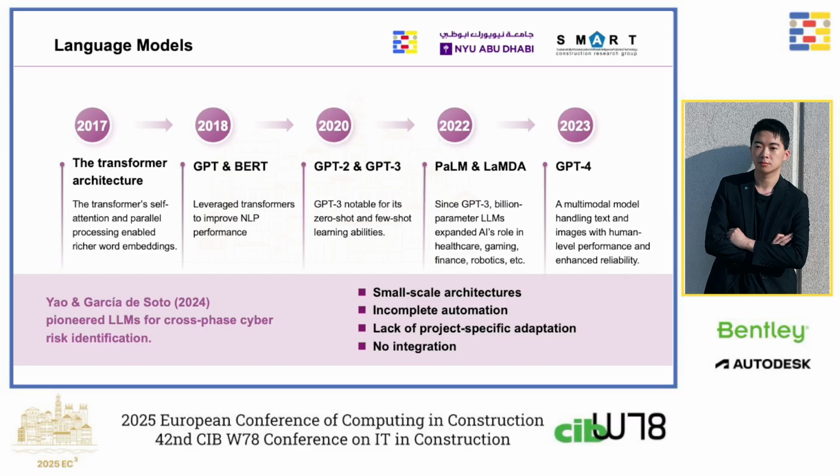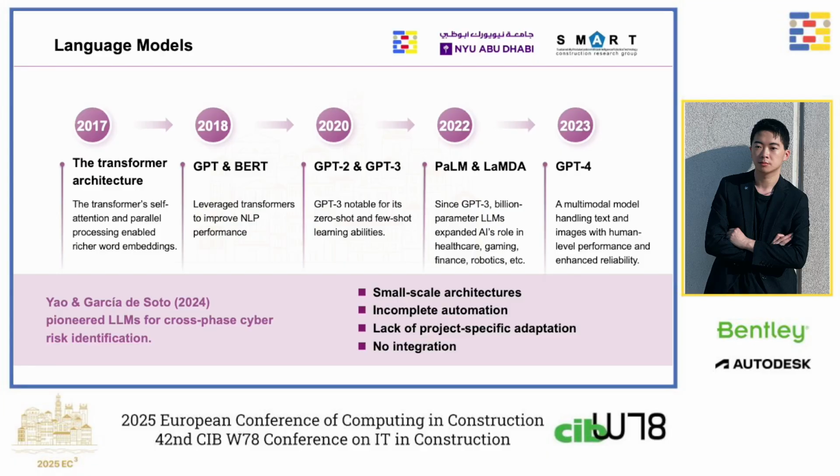Language models have become widespread since the 2017 introduction of the transformer architecture and have evolved into today's powerful large language models. Building on these automation imperatives, we led the use of language models for construction cyber risk identification last year. Although our study produced a relatively comprehensive list of cyber risks across project phases, it had some limitations.